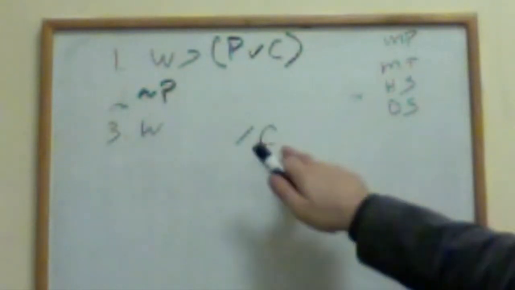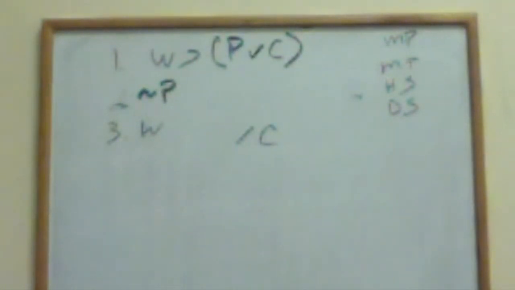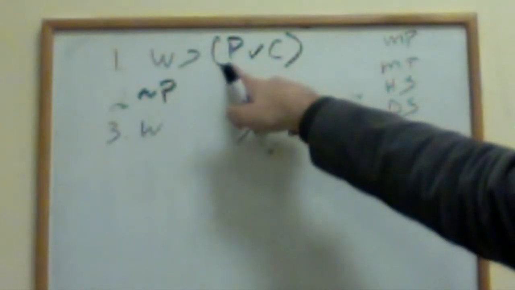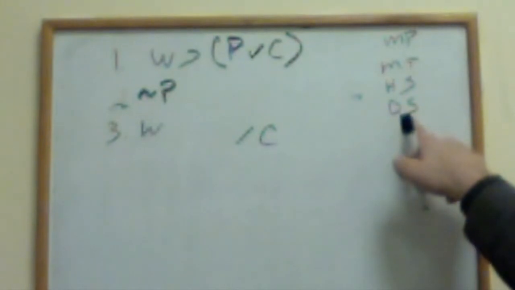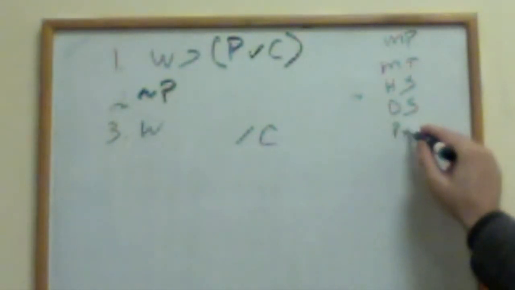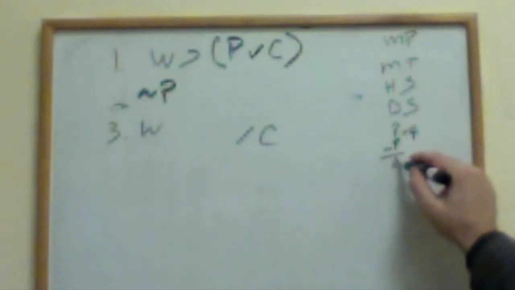So we see that the conclusion is C, and we see C is right there. It's attached by this wedge to P. So we have a wedge rule, and that's disjunctive syllogism, which tells us if you know P wedge Q, and if you have tilde P, then you can get Q.